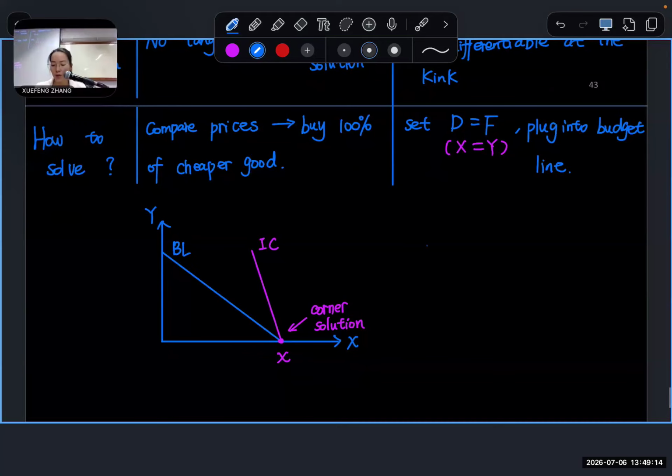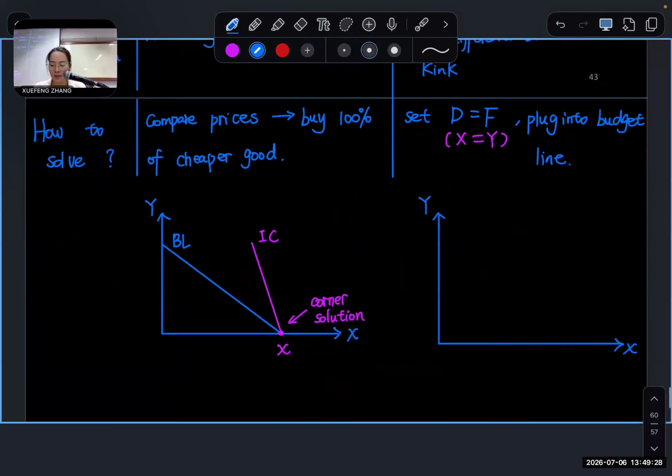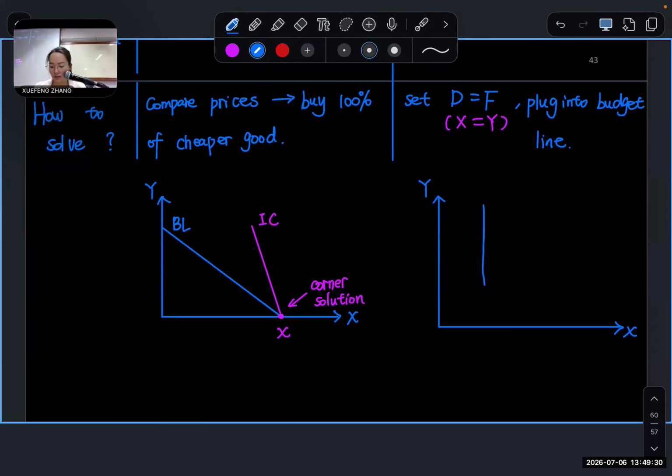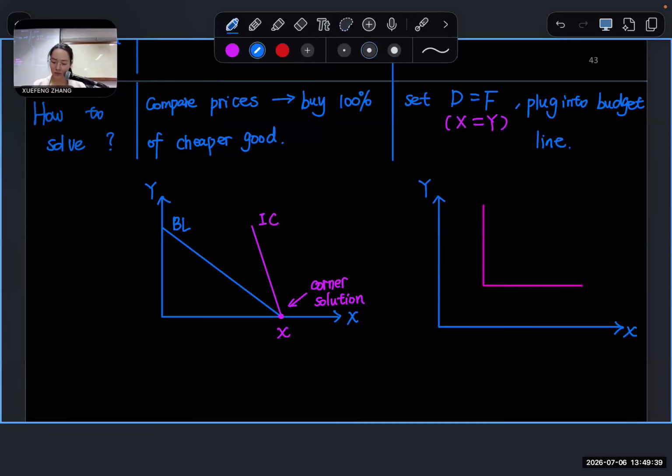For perfect complements, the indifference curve is L-shaped. So here is the indifference curve, okay?